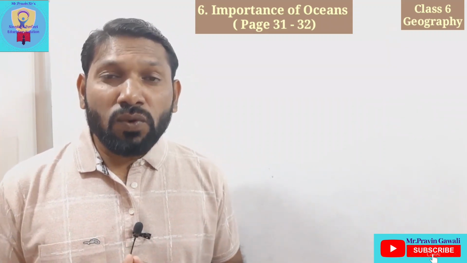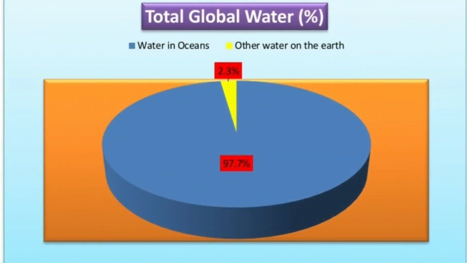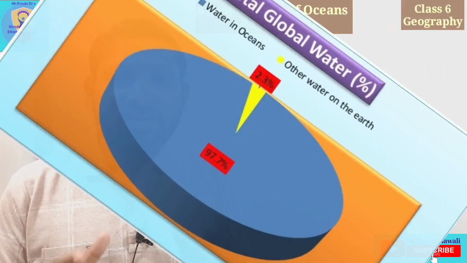Students, do you know 97.7% of total global water is present in the oceans? Such a great quantity of water is occupied by the oceans. 97.7% of total water on the earth is present in the ocean. Have you understood this much?